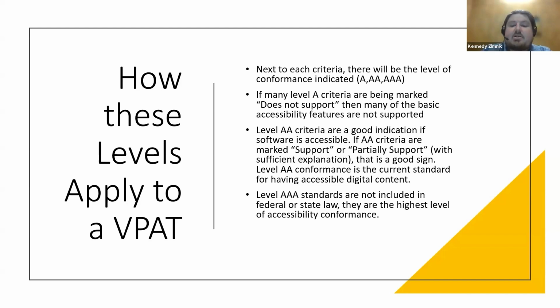Level AAA standards are not included in federal or state law. They're the highest level of accessibility conformance. So again, it's important, they are the highest level of accessibility you can have. If it is in there, great. If not, that's okay. AA is the important level that we're going for.